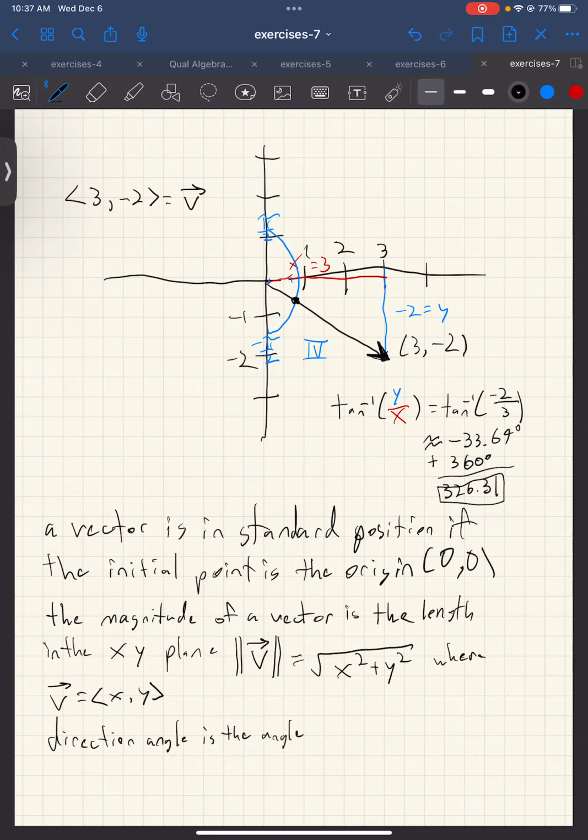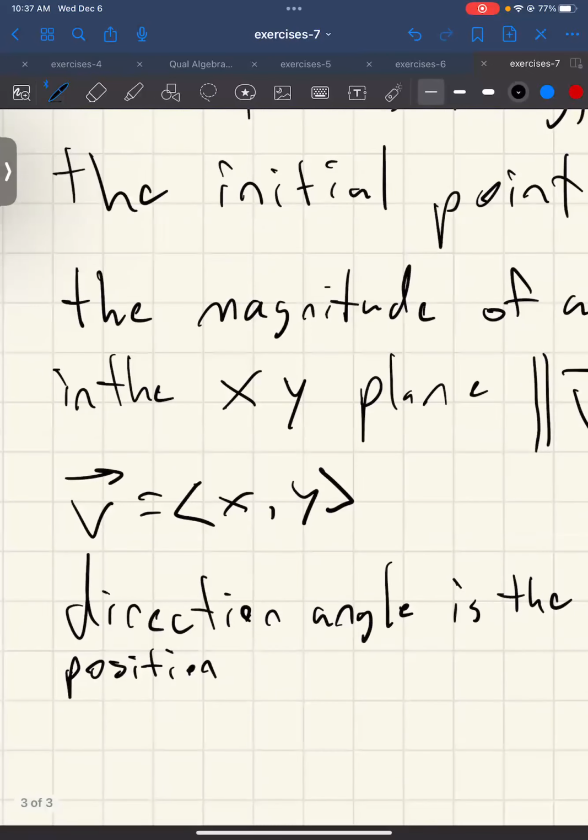The direction angle is the angle the vector makes in centered position. And we figured out that theta is tangent inverse of y over x.